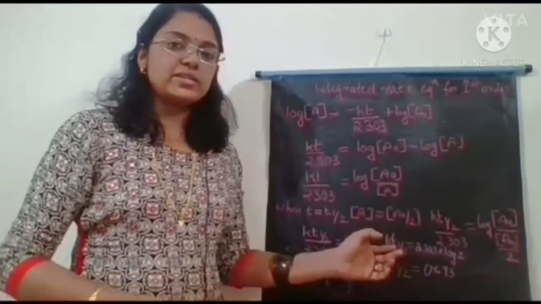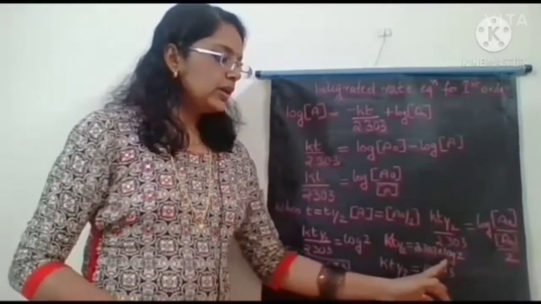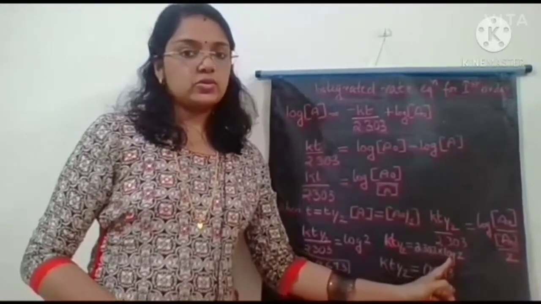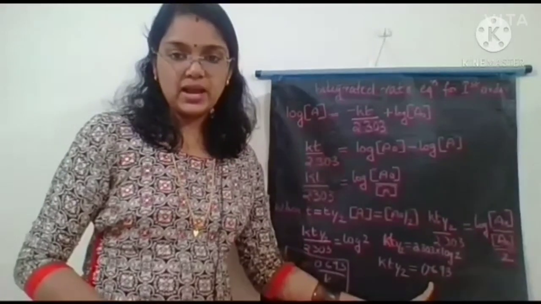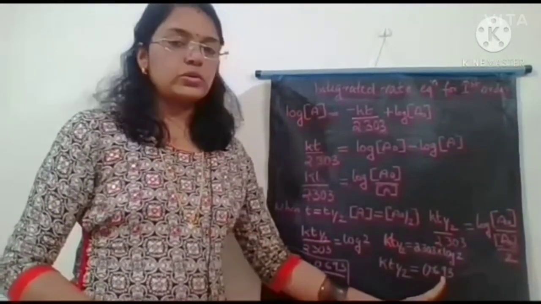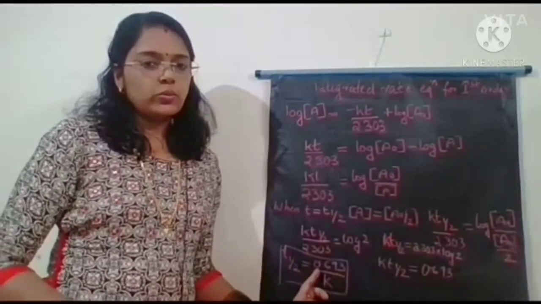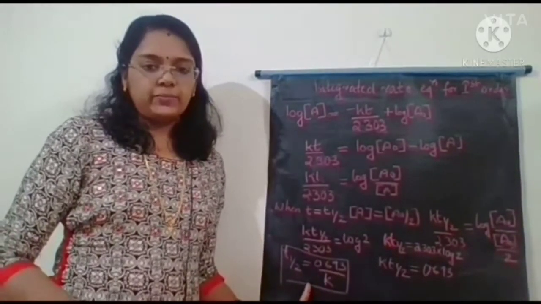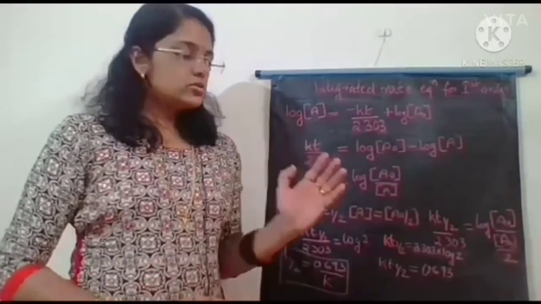On rearranging, K t half is equal to 2.303 into log 2. Log 2 is equal to 0.3010, and multiplying, we get the value 0.693. So K t half is equal to 0.693. So t half is equal to 0.693 divided by K. This is the half-life of first order reactions.